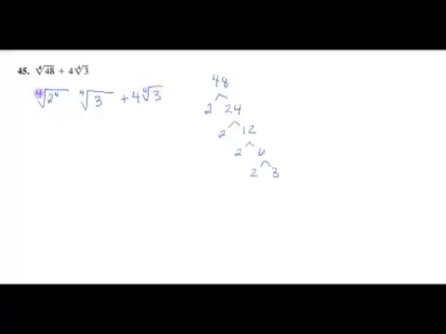So with this step, we've simply broken this into this and copied down 4 times the 4th root of 3. So here the 4th root of 2 to the 4th is 2 times the 4th root of 3 plus 4 4th root of 3. Then when I add those together, I have 6 4th root of 3.